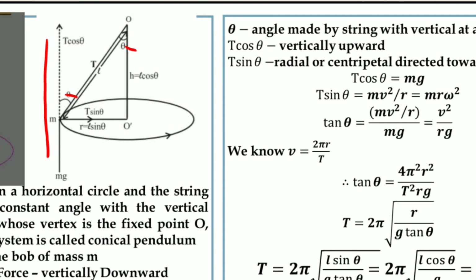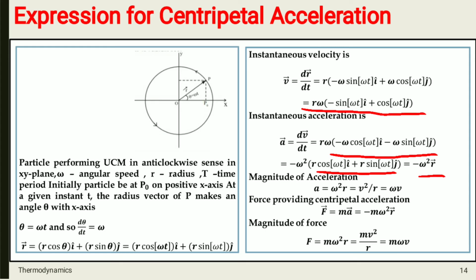Okay, now in this figure you can see there is a balance between two forces, that is T cos theta and mg, the gravitational force. So you can write here T cos theta is equal to mg and T sin theta is equal to mv square divided by r, this centripetal force.